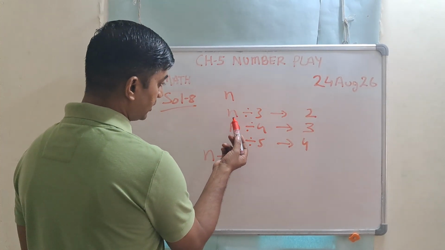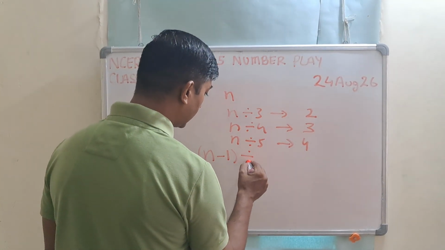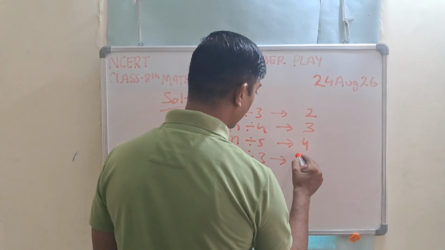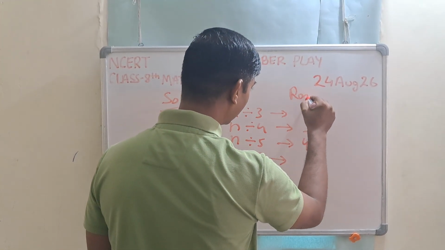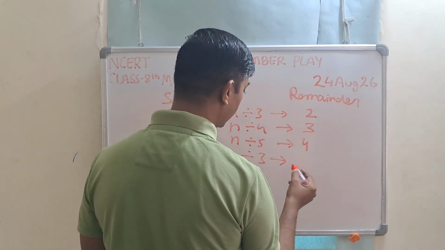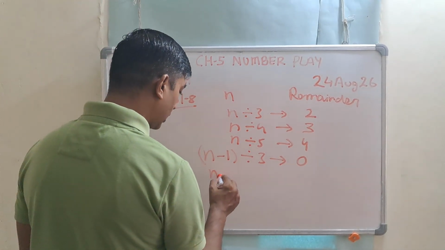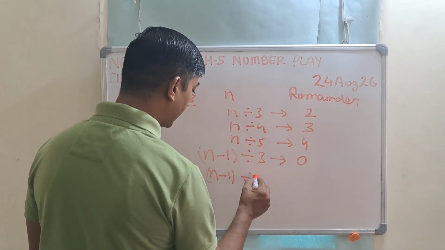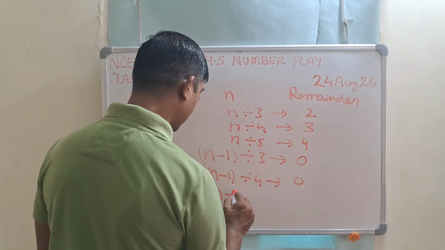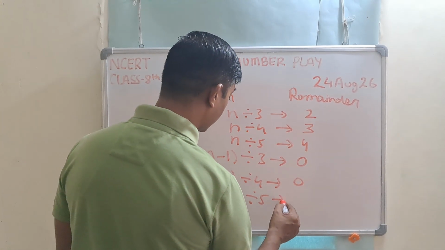Then when this number is divided by 3 the remainder is 0. Understood? Also, n minus 1 when divided by 4, remainder is 0. And n minus 1 when divided by 5, remainder is 0.